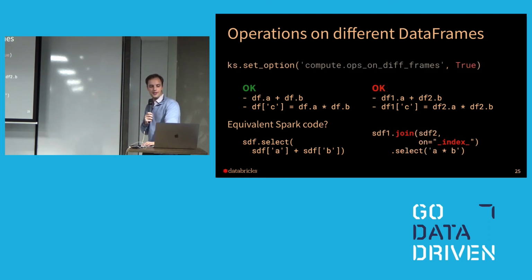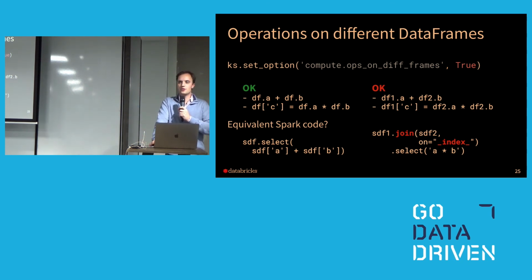What you need to do is tell Spark that there is an index, and Spark will need to do a join operation on the index, and this operation can be very expensive, because it will potentially require a full shuffle of your two data frames across your cluster. This is why we allow this syntax if you set a specific option to allow that.